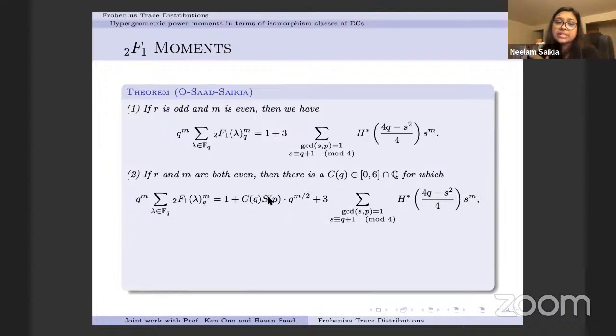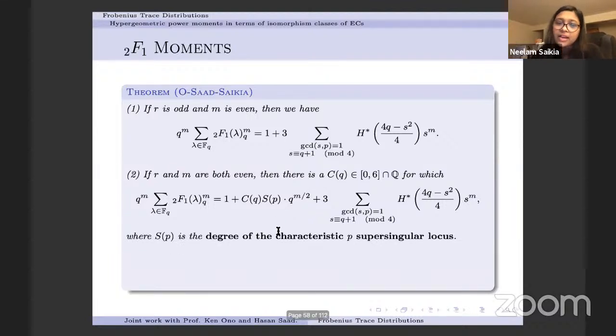And this constant term is not an arbitrary constant. Of course, it is well defined. So here, this constant S_p is defined as the degree of the characteristic p supersingular locus, and it is approximately equal to p over 12. And here the constant C_q is a rational number lying between 0 and 6.